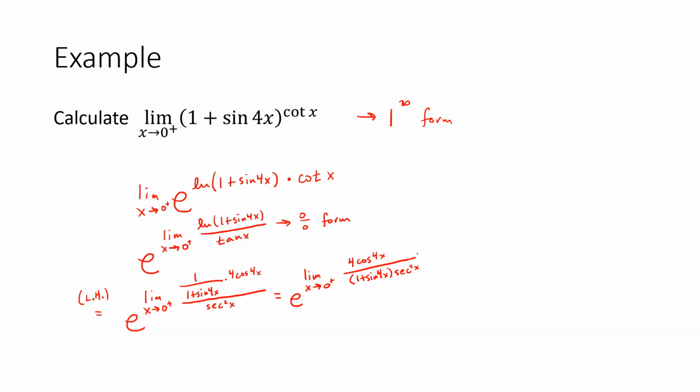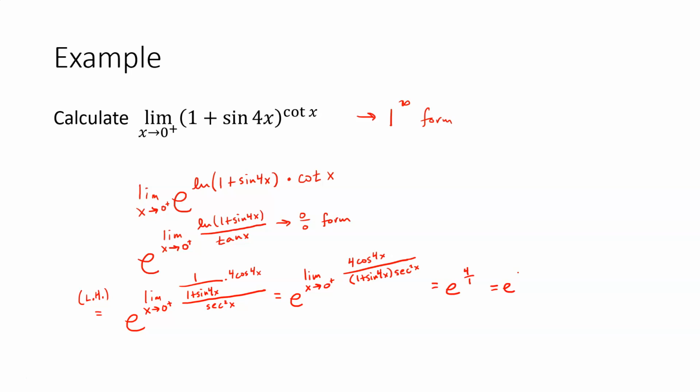Now, what can we say as the x goes to 0 from the right now? Well, I noticed the cosine of 0 is 1, so we don't get 0 in the numerator anymore. And secant of 0 is also 1, so we get 1 plus 0 times 1 downstairs. So we get 4 times 1 over 1. So this becomes e to the power of 4 over 1.